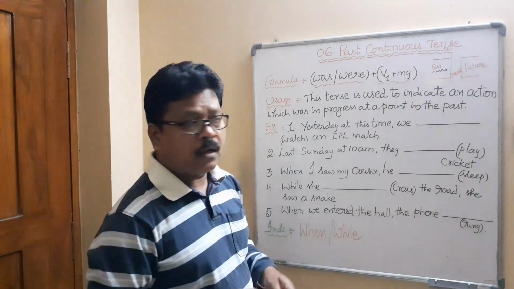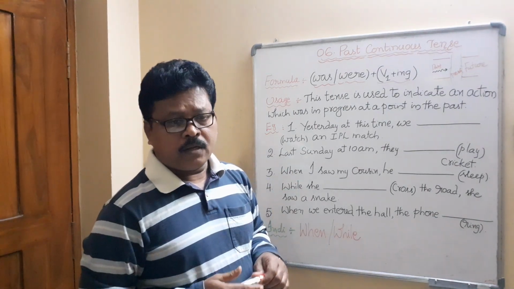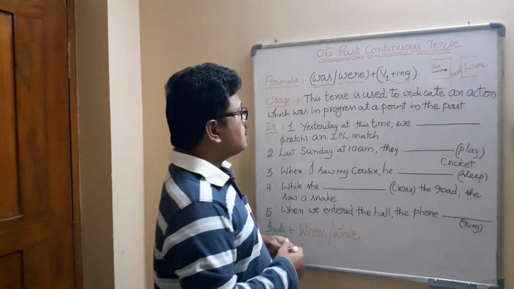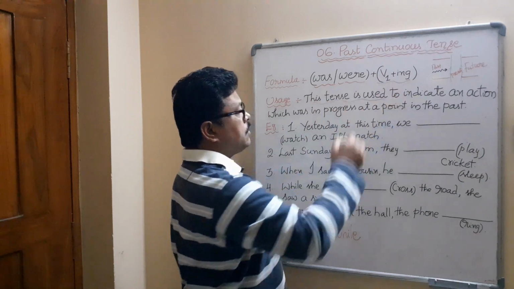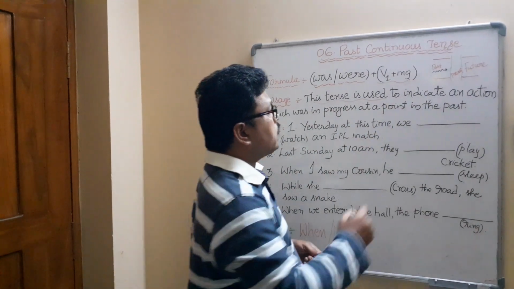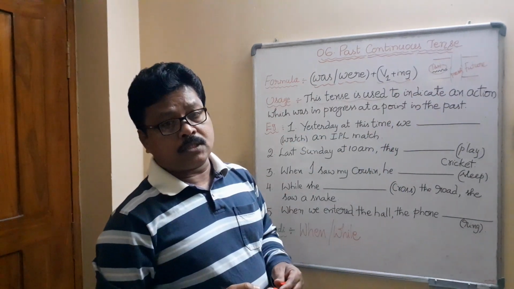This is the formula. Now coming to usage. When should we use it? What is the usage of this particular formula? The usage is very simple. This tense is used to indicate an action which was in progress at a point in the past.